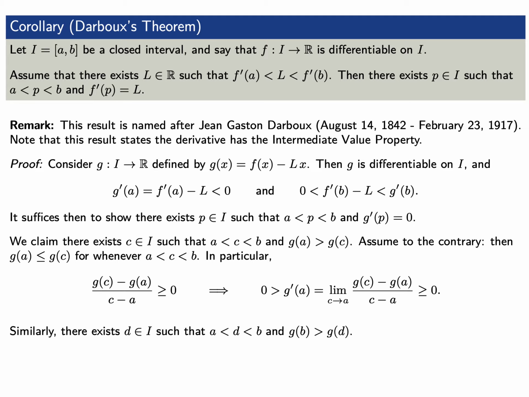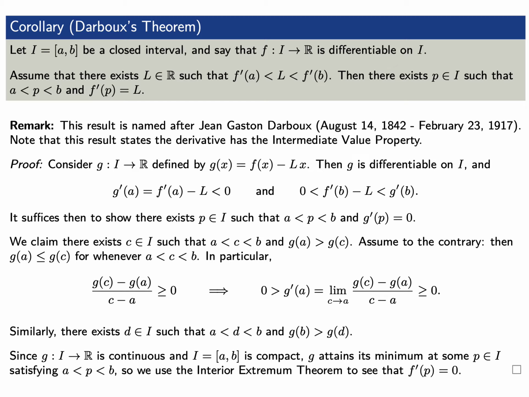In a similar way, there must exist a d such that g of b is greater than g of d. Putting both of these together, we see that g of a and g of b cannot be the minimum of our function. So there must be another point p where we have a minimum. To be more precise, we know that g is differentiable, therefore it's continuous.